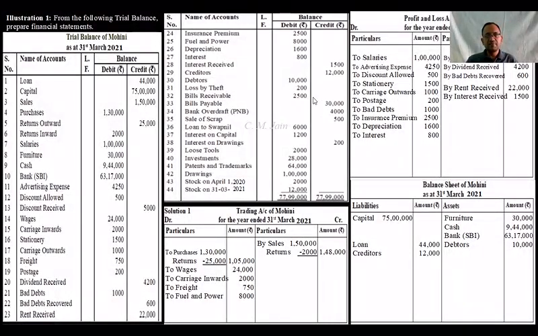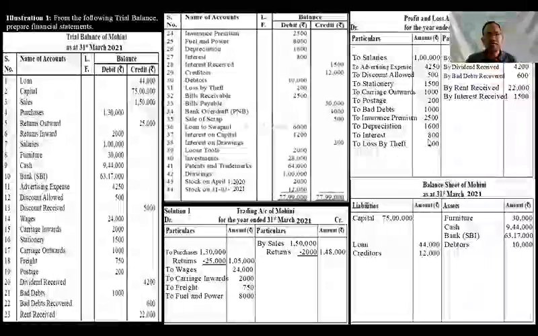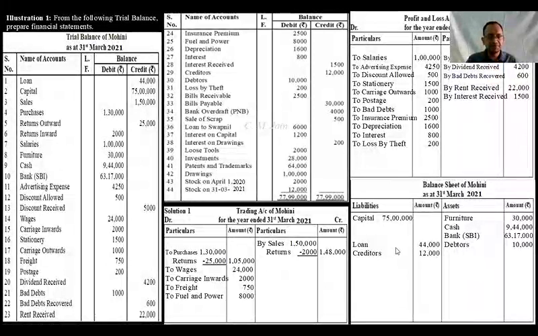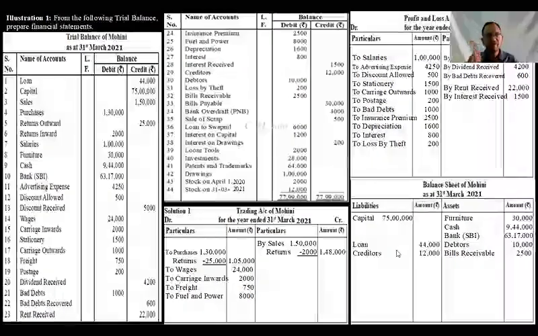Being a loss, it will come in profit and loss account debit side, to loss by theft 200. Then bills receivable. Bills receivables are an asset. They are like debtors. So on asset side in balance sheet, bills receivable 2,500.